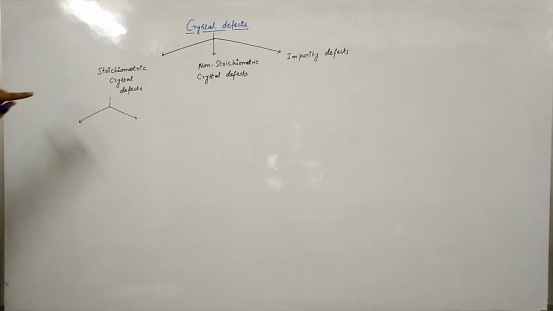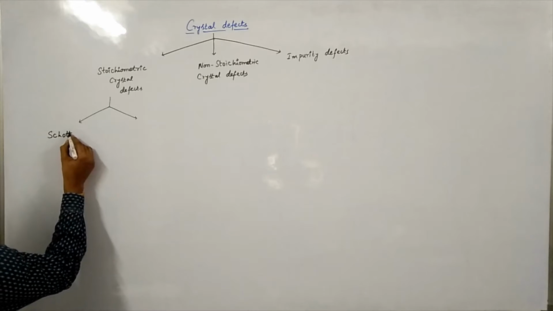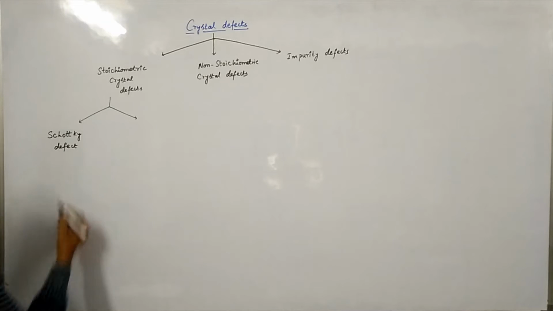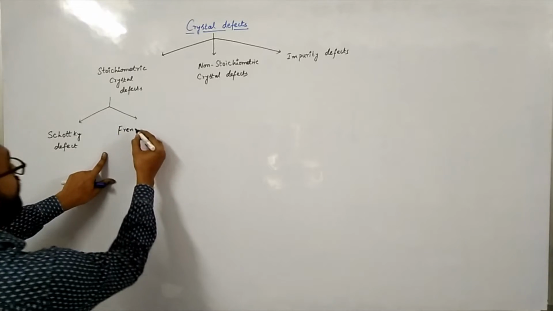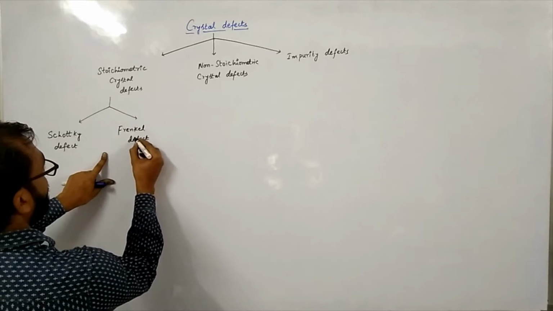Example of point defect is Schottky defect. It is nothing but a point defect. Frenkel defect is nothing but interstitial.